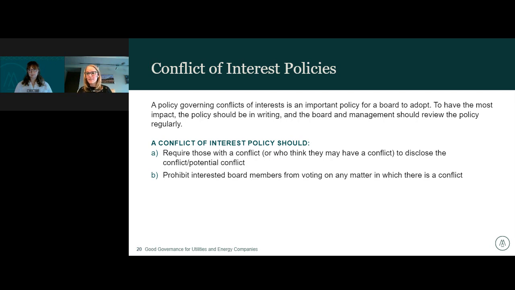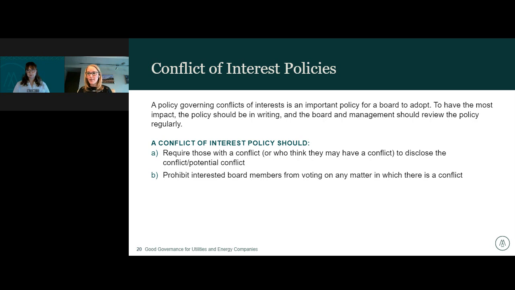Without this conflict of interest policy, what this really helps with is ensuring that we understand, as board members and management teams, when things need to be disclosed and what the time frame around those disclosures needs to be. And somebody has stepped back and said, hey, I'm going to think about what seems appropriate as a board member and potentially as a management team in disclosing these different things.